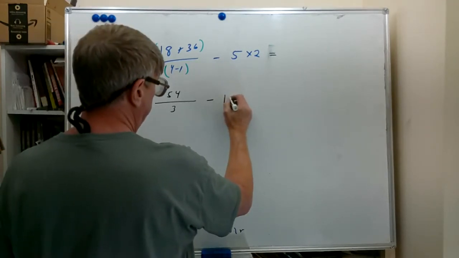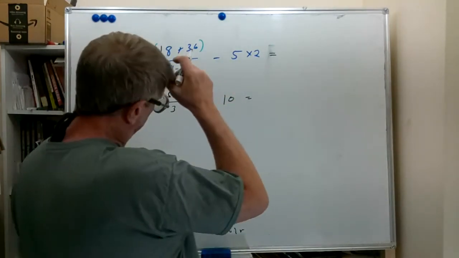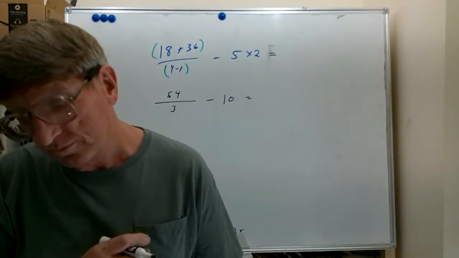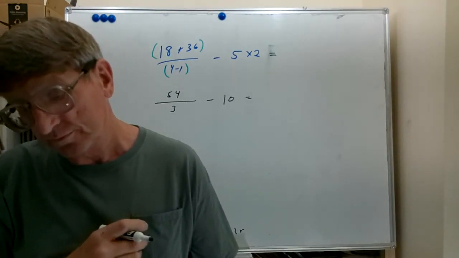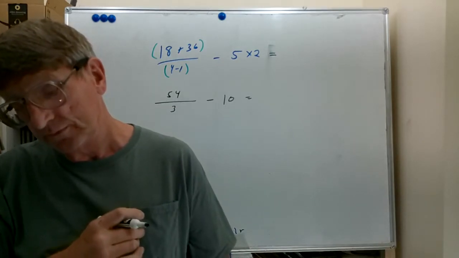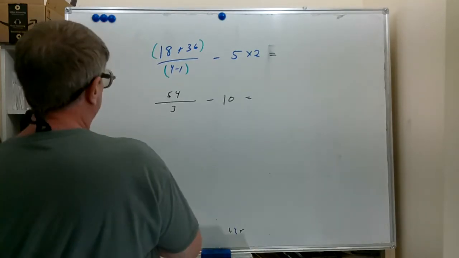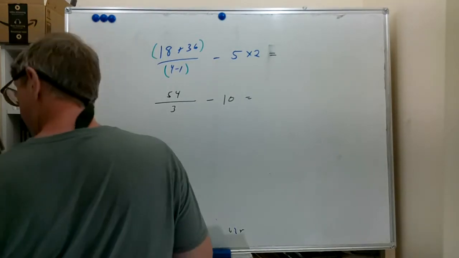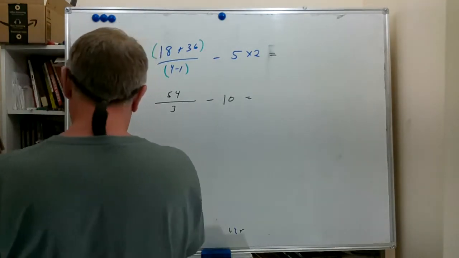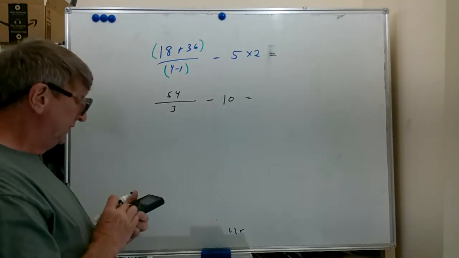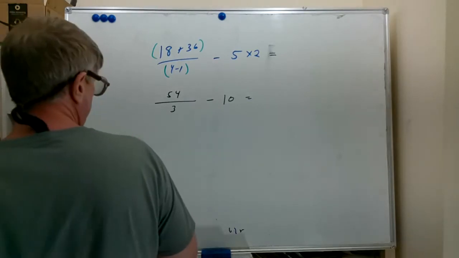That's 10. 54 divided by 3. What's 54 divided by 3? I'm going to do that in a calculator, make sure I don't mess it up. Okay, that's 18.